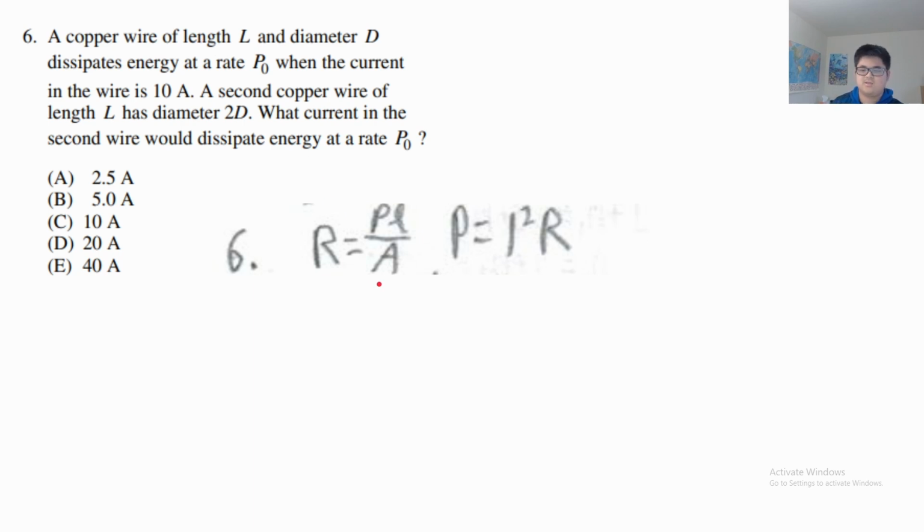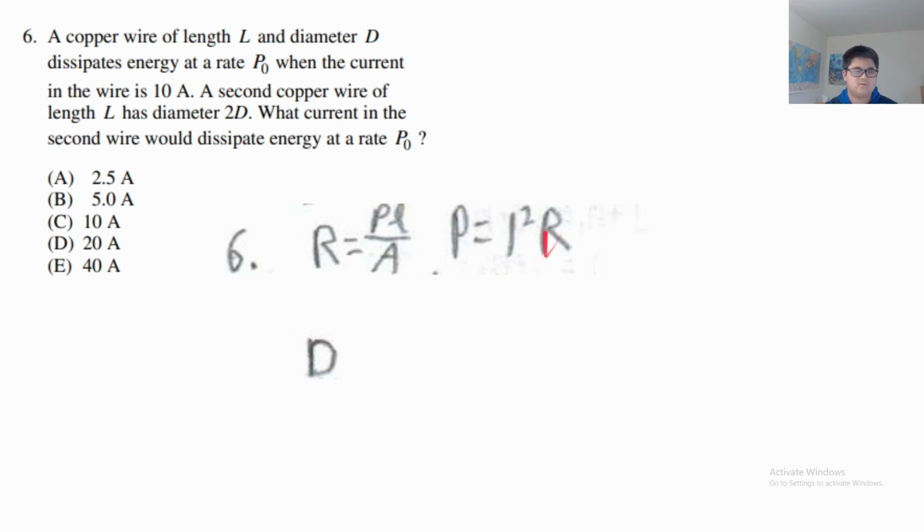Therefore, its resistance must be a quarter the resistance of the first copper wire. This is because resistance goes as 1 over area, and since copper wire 2 has 4 times the area, it has a quarter the resistance.